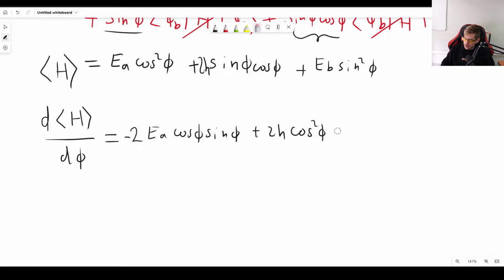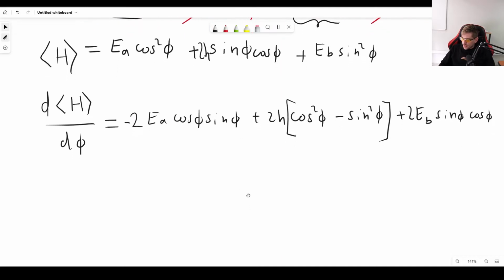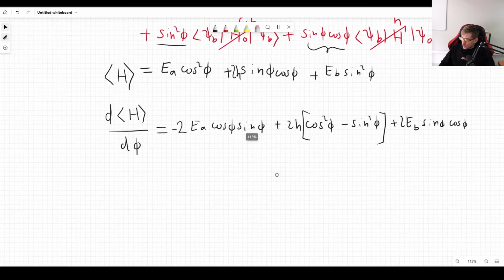So this is actually minus. So maybe let's factor out 2h, and we get minus sine squared of phi. And then finally we have this part. So we get plus 2EB. Actually, the B is smaller, I guess. And then sine times the derivative of sine, which is cosine. Okay, so there we go.